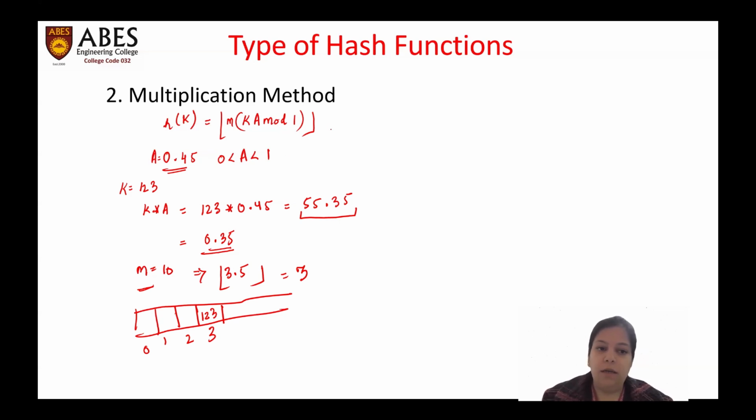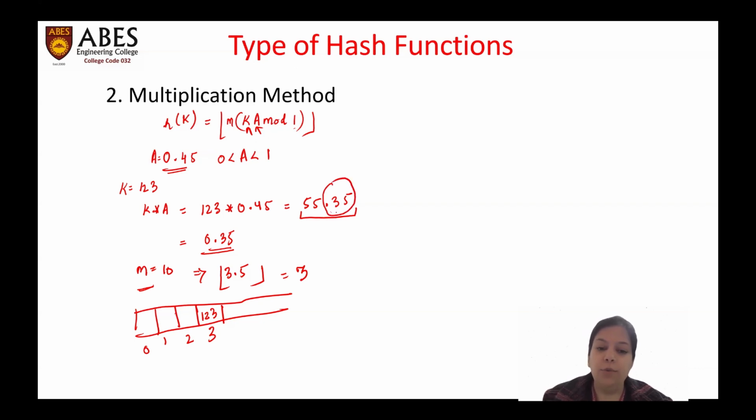Let us just take a look again. We are going to multiply the value of the key by a constant A, and this A is always taken from in between 0 and 1. And then we are going to take the modulus of this value after multiplication. We have to take the modulus by 1 so that we can get only the digits which are there after the point.